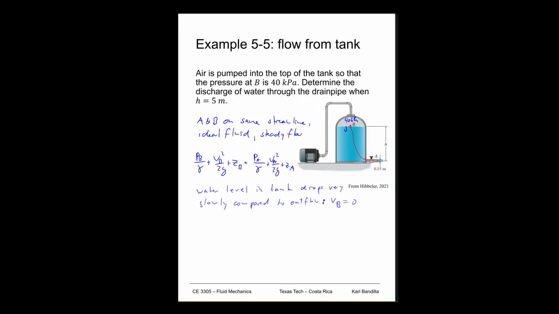Then we have to set ourselves a datum. Now H is given to the center of this outlet pipe. So let's say datum is at center line of outlet pipe.